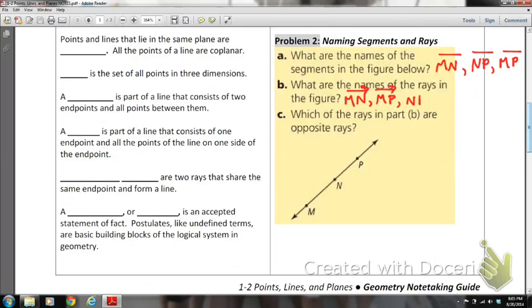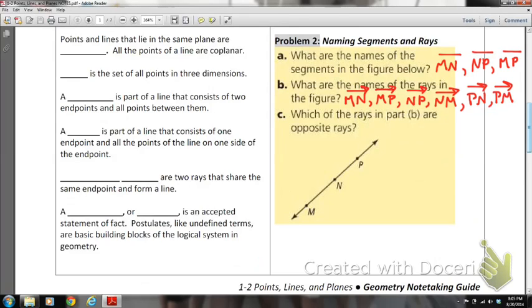We have ray NP, and we have ray NM. Those are the two rays that have N as an endpoint. And now let's look at endpoint P. We have ray PN, and we have ray PM. So we have 6 rays that we can name.